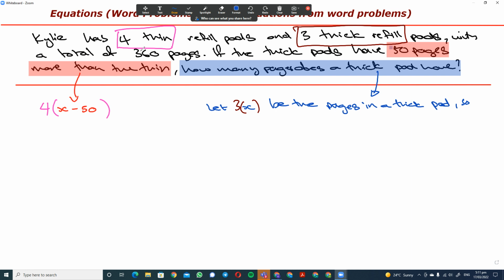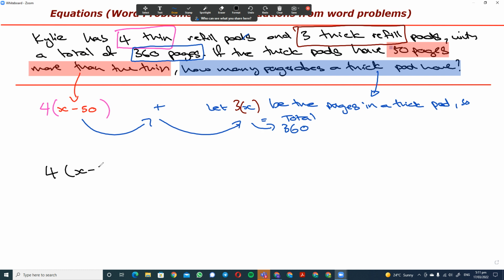With a total of 360 pages in total, so that means when I add these two together, it must come to 360, because that will be the total. So that's my formula. I've got 4 of the number of pages where 50 is less, plus 3 times x comes to 360.